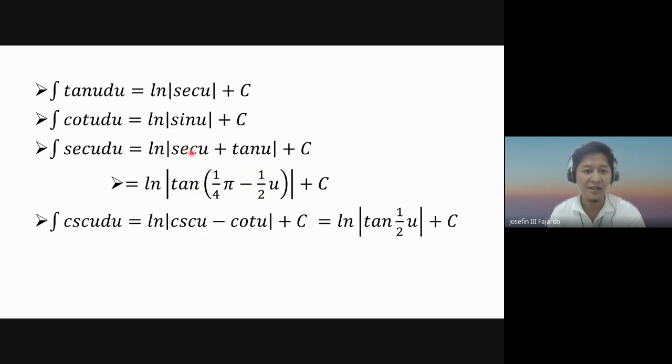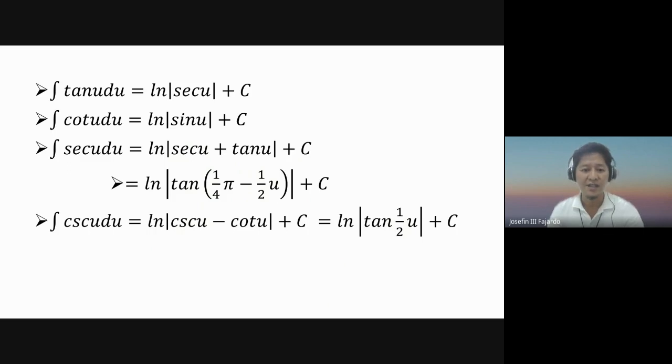Iba lang, instead of secant u, naging cosecant, and then instead of tangent u, naging negative cotangent. And notice ito, ang pagkakaiba lang nito, naging positive yung u over 2 at nawala si pi over 4. Okay? Malinaw po ba to? So, you have to remember these formulas, guys.